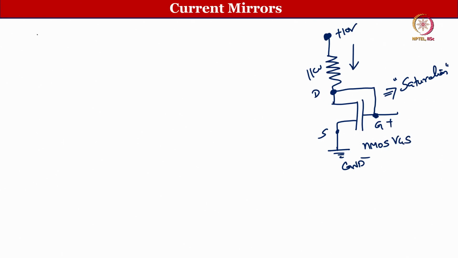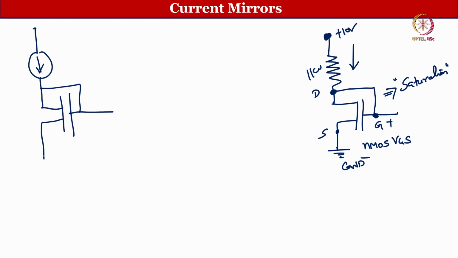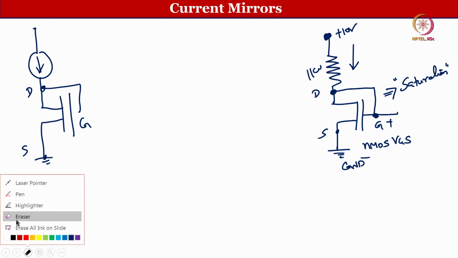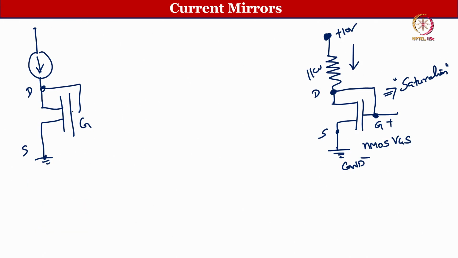Similarly, if I have a current source coming out like this and you connect it to the transistor something like this, which is configured to be in saturation, let us say some voltage.